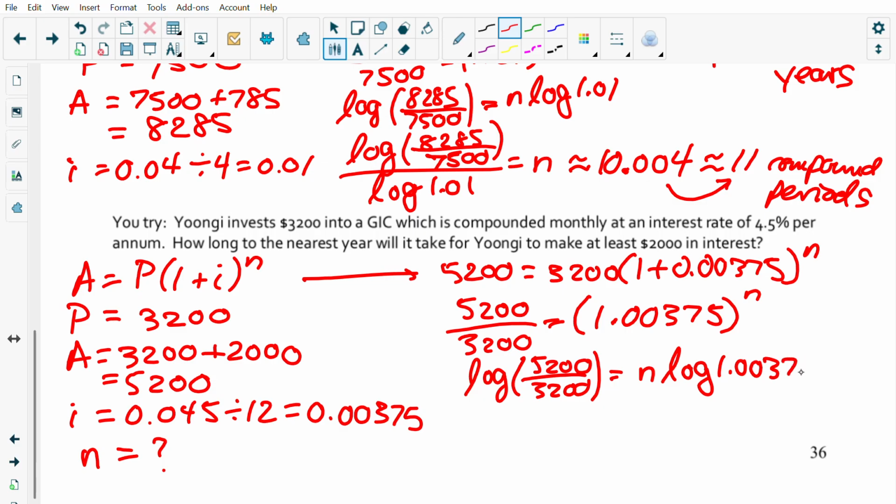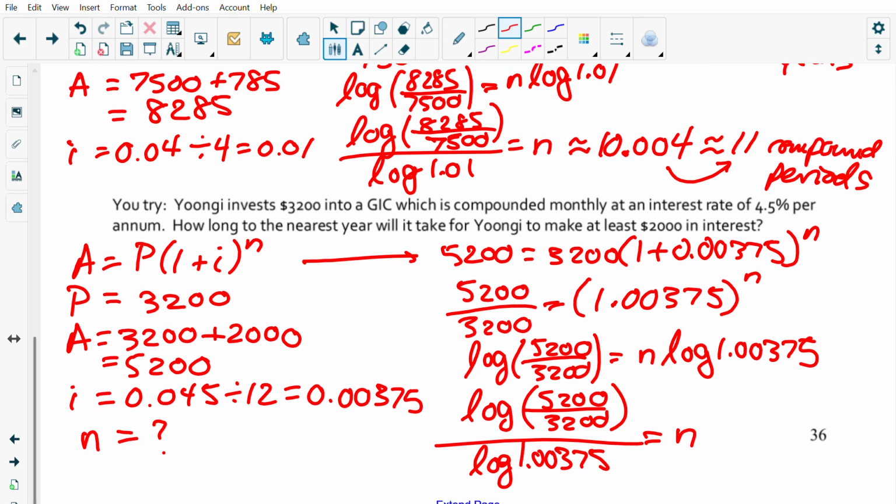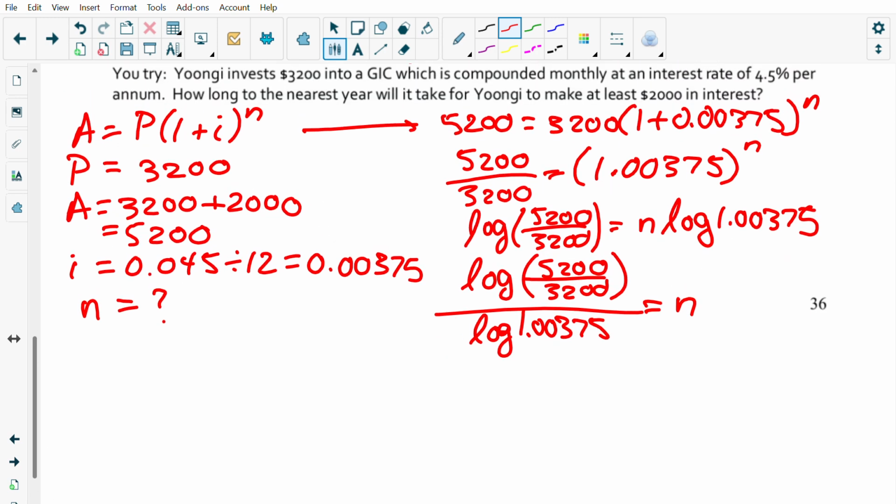And log of 1.00375. Okay, and then isolate n. Okay, n equals 129.71135.